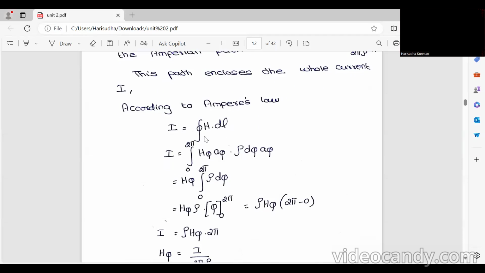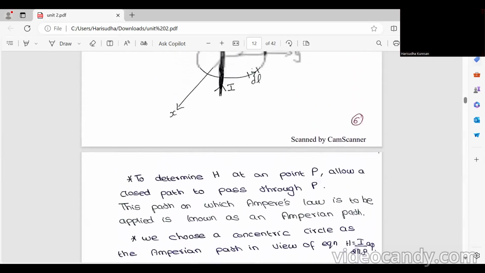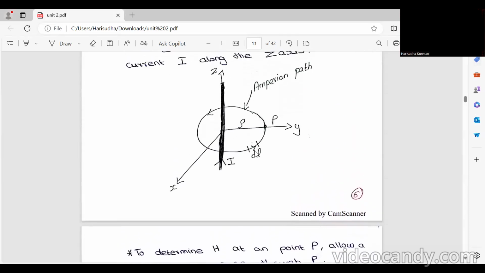In the place of H, I replace it with H_phi and the unit vector a_phi. In the place of dl, if you see in the diagram, the differential length dl is with respect to rho and d_phi along with the unit vector a_phi.